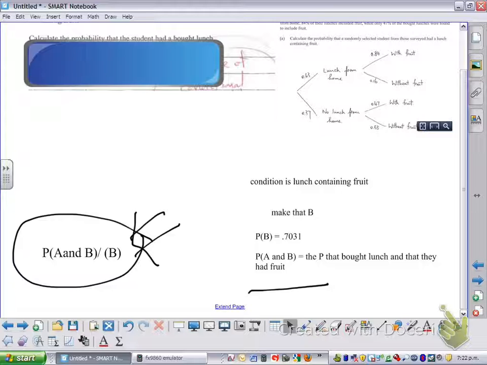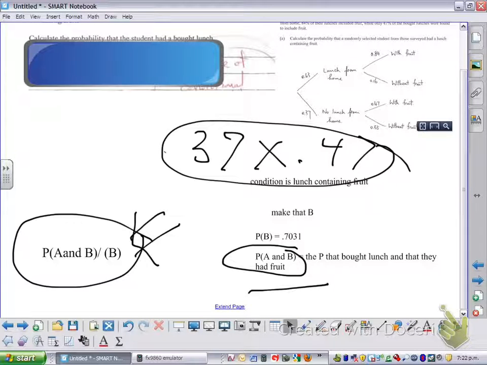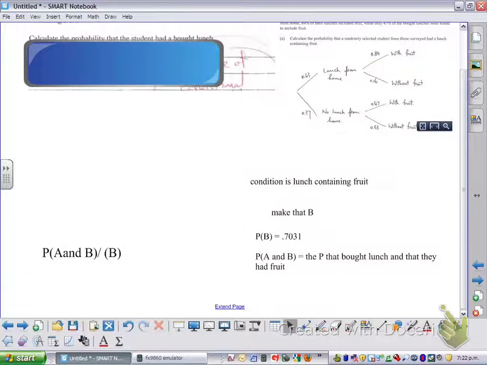So we're going to use this formula, and we're going to figure out what the probability of A and B are, the probability that they bought a lunch, which is 0.37, and that they had fruit. So that's 0.37 times 0.47. So that's the top part. Okay? And then you have to put that over the probability of B, which we've already calculated. All right? So let's just erase all that stuff and do this again.